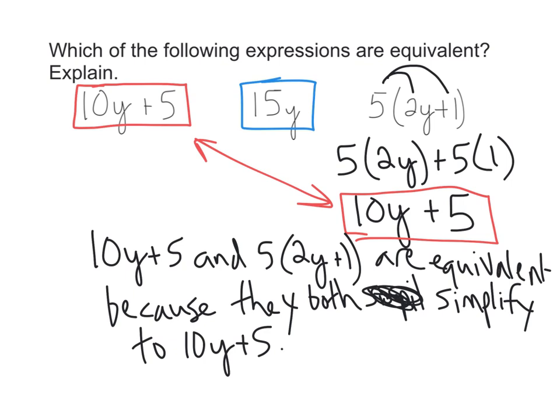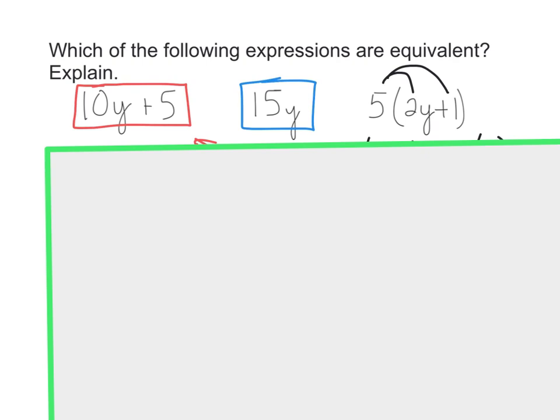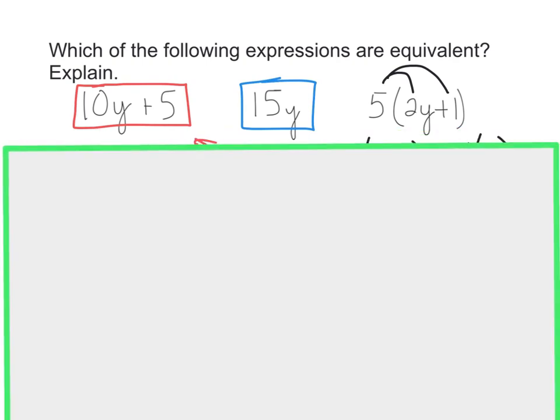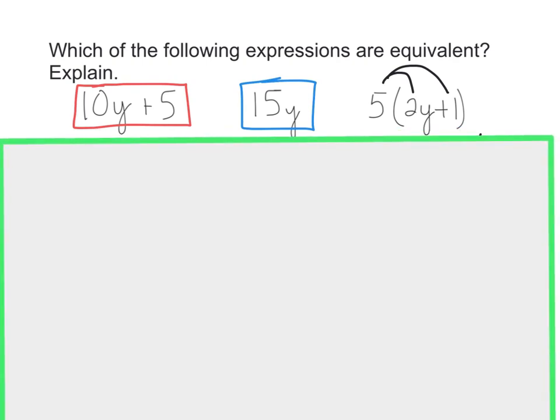Another option you could do is you could try substituting numbers in. You can pause if you're still writing any of this down. I'm going to cover some of this up. Like we talked about earlier, if these are equivalent, we should be able to substitute any number in place of the variable and it'll work.